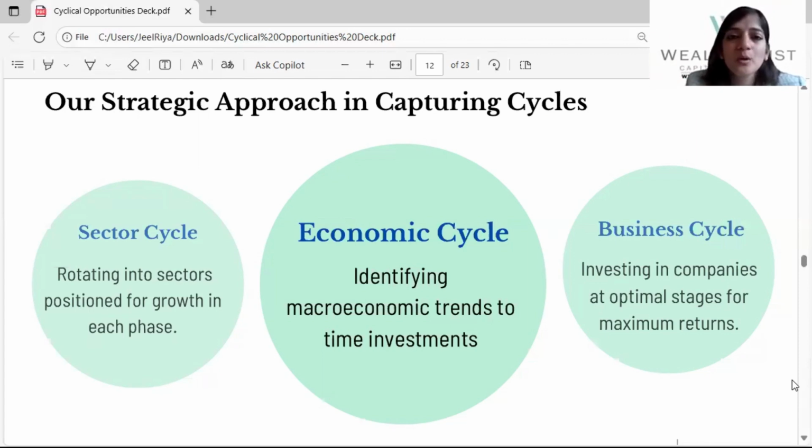Back in 2023, infrastructure did very well because of the government's focus on infusing capital. Then it changed to banking in 2024, which was very undervalued because it had not moved in the last three years while the overall market was in boom. That's how the economic cycle turns, and that's when we identify the sectors.